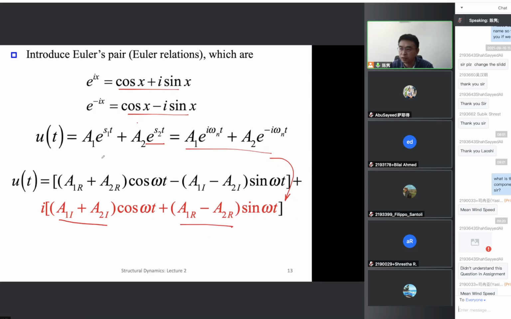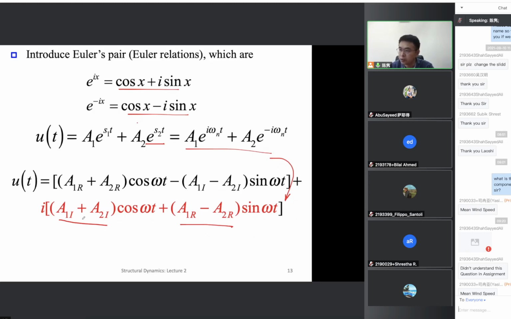Because the whole thing here comes from mathematical theory, and it is true. But the phenomenon is also true. They don't comply with each other. So how do we make them agree? This one becomes zero, this one becomes zero, so this part becomes zero. That's the solution. That's the reason.